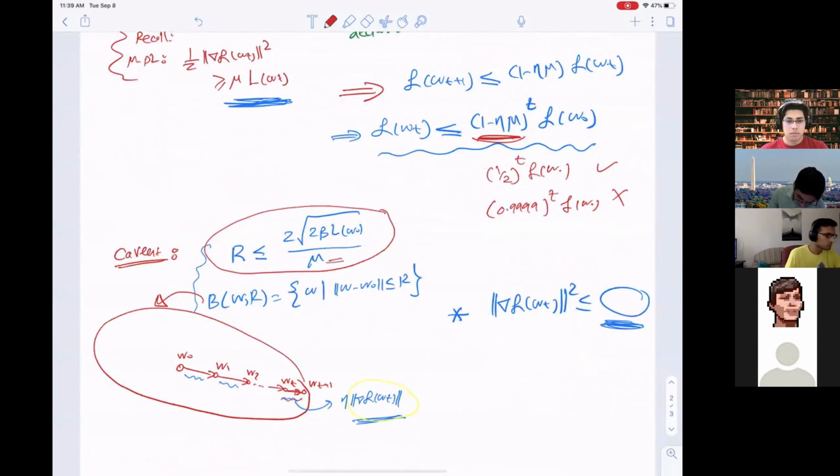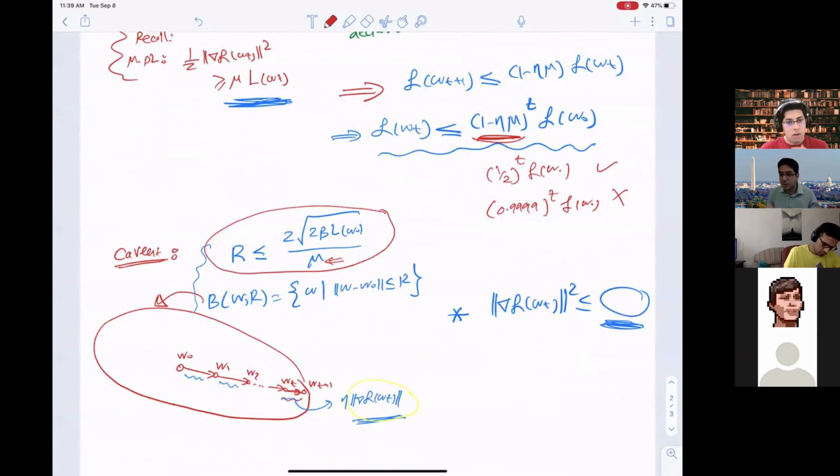One thing to note is that here we have mu in the denominator. So again, that's the trade-off. If your mu is large, it means you are decreasing faster, but your radius is also going to be smaller.